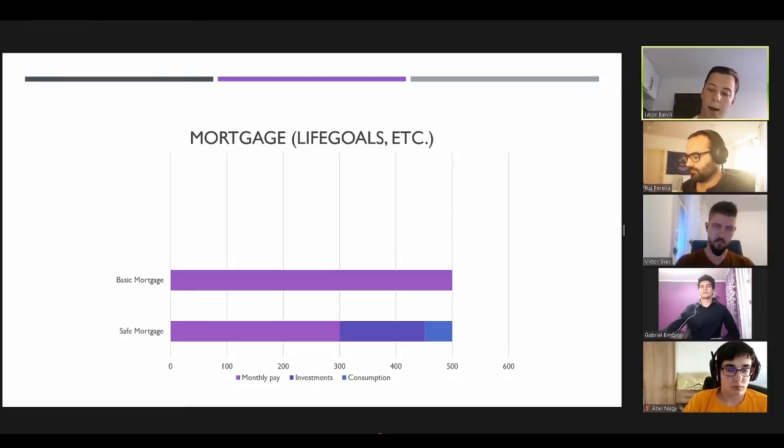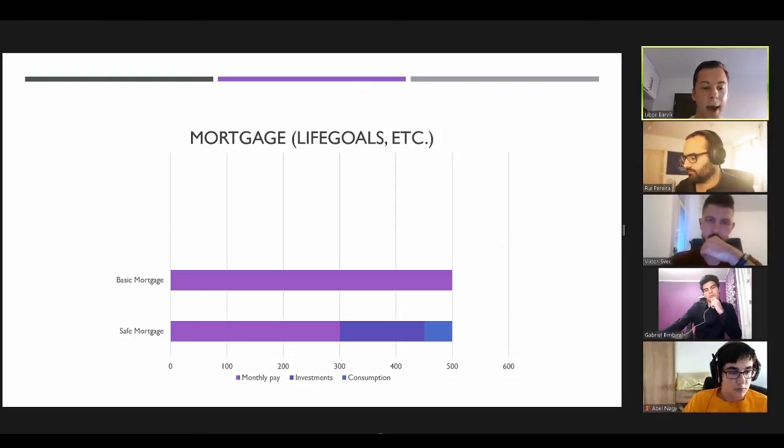So this way, in the long-term period, you will actually make some extra money. Because when you take a mortgage and sign it, first of all you have to have saved at least 20% of the whole mortgage, in my country, for example. But in the long run, you will pay some extra cash. It is usually between 20 and 30%. You borrow some money and you pay 20 to 30% extra.